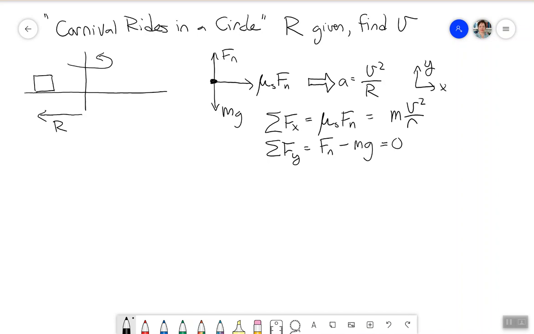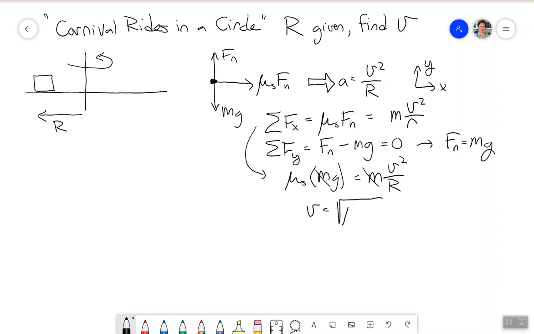And so the second equation says that Fn is equal to mg, and so that means that mu s, by rewriting the top equation, times Fn, which is mg, is mv squared over r. The m's cancel, and what you find out is that v is the square root of mu s g r.